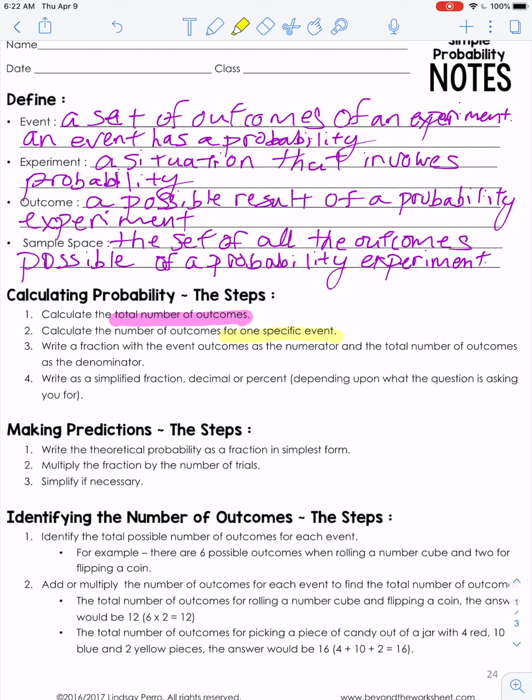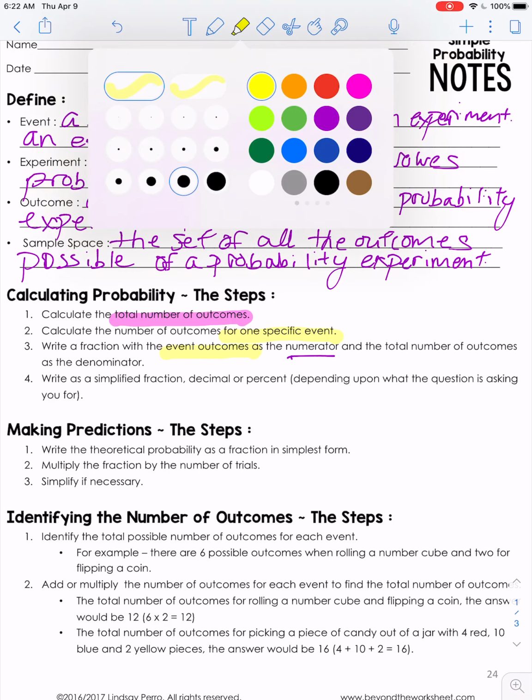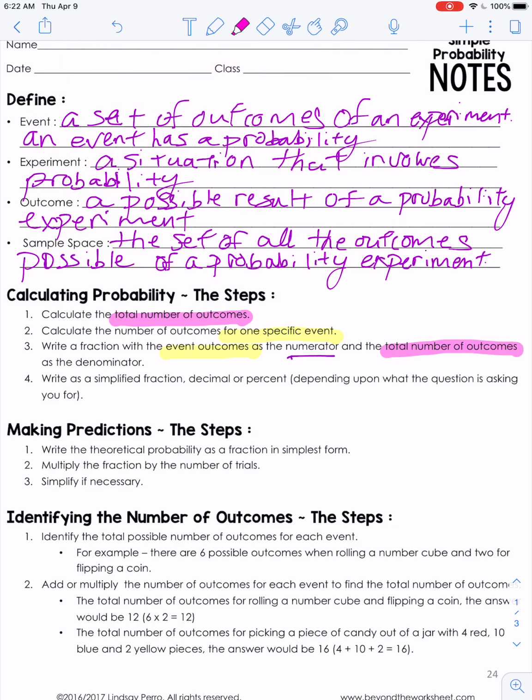Write a fraction with the event outcomes as the numerator and the total number of outcomes as the denominator. Write a simplified fraction, decimal, or percent, depending on what the question is asking for.